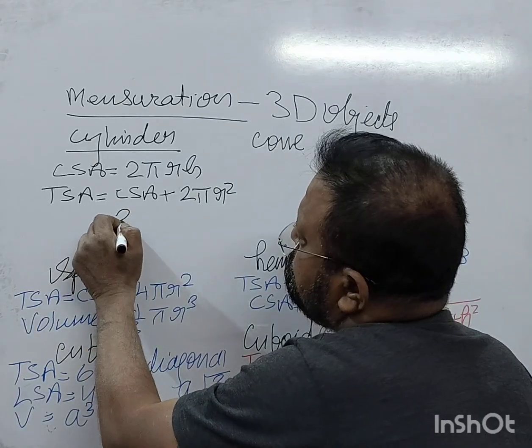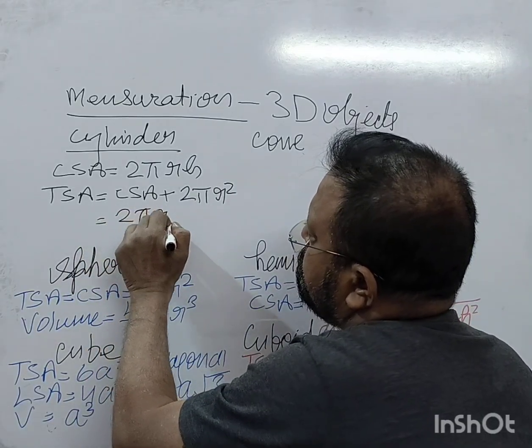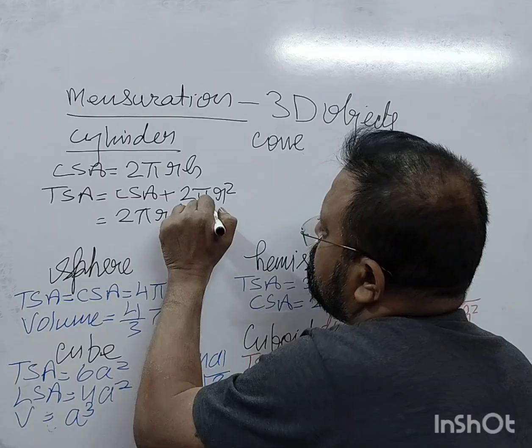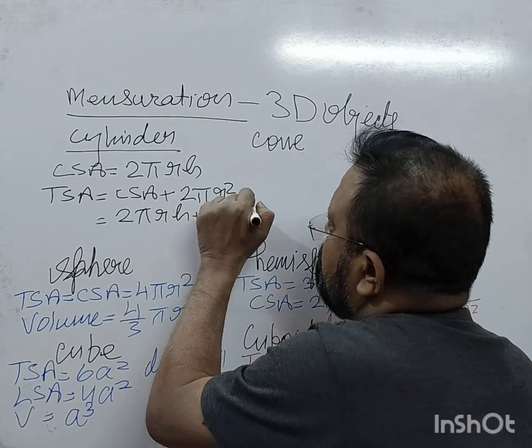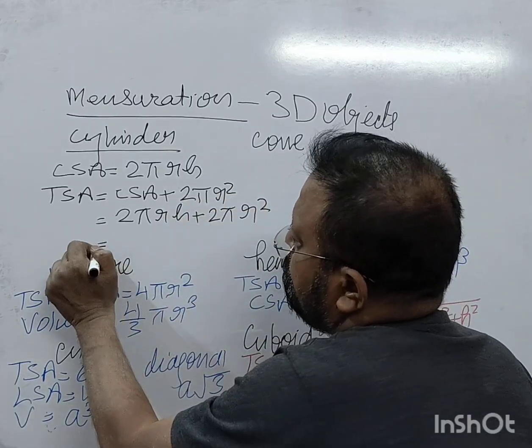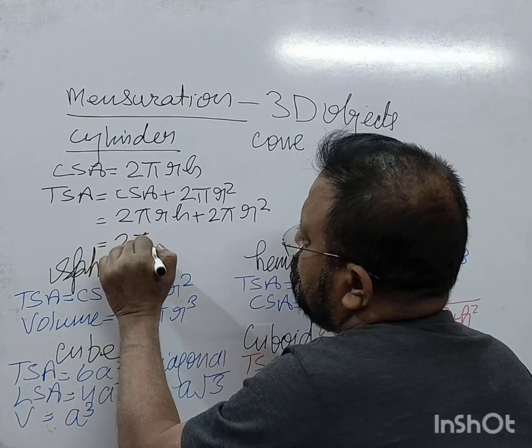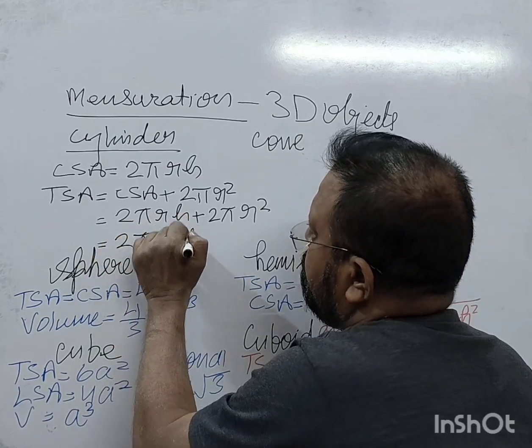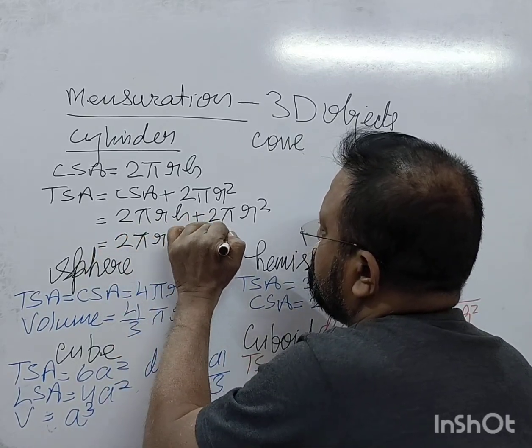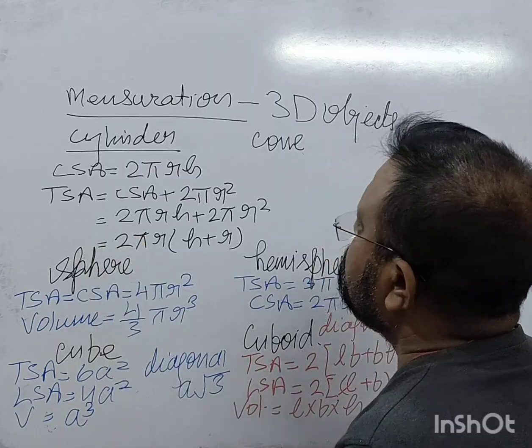So it becomes 2 pi rh plus 2 pi r square, which is equal to 2 pi r bracket h plus r, right?